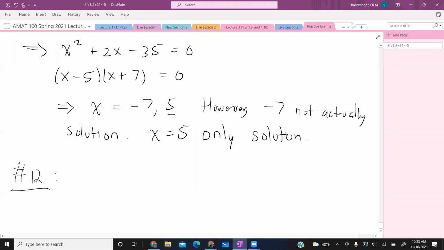So number 12, we have a t-value of 2/3 pi. We want to find the reference angle. It's actually not reference angle, it's reference number. These end up being angles. We're going to go through chapter 6, and we're going to find a new system of units to measure angles.